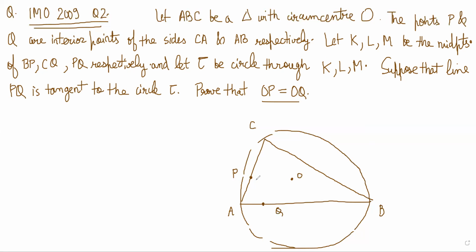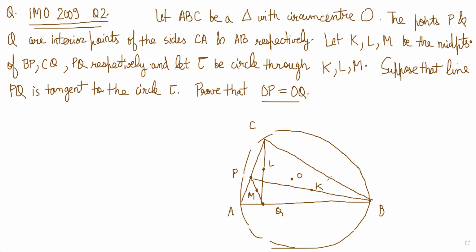So BP is this line, CQ is this line, and PQ is this line. K is somewhere here, L is somewhere here, and M is somewhere here, right?